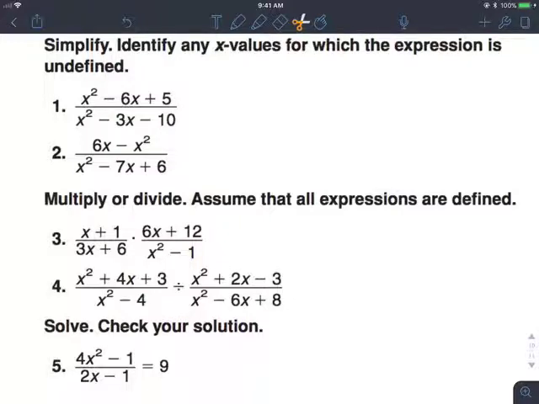Do we have to write out the original question, or can we just write out what we did? It's good practice to write out the original question.